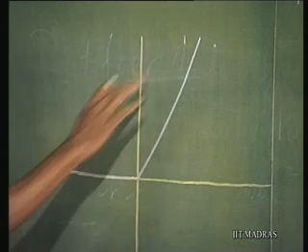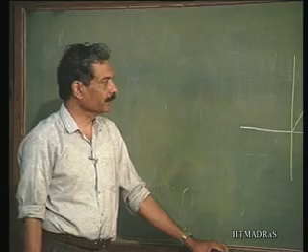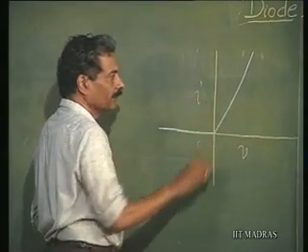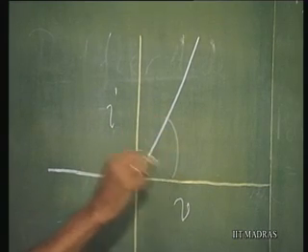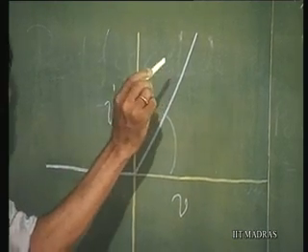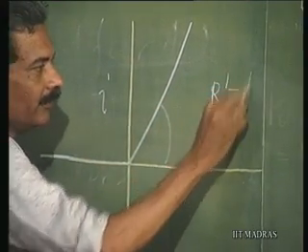I would like to have a nonlinear resistor of this type using an ideal diode. How do I obtain this? I know that if this is V and this is I, the inverse of the slope of this is going to be giving me 1 over R dash here. So, R dash is finite, not 0.